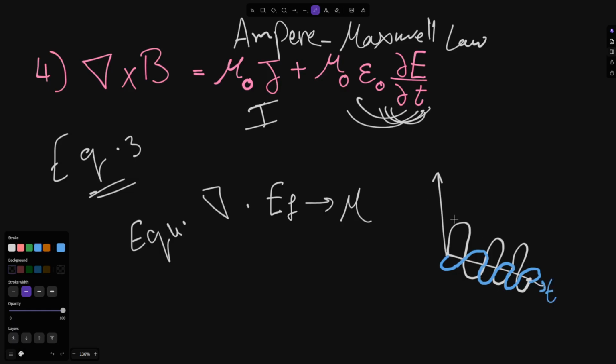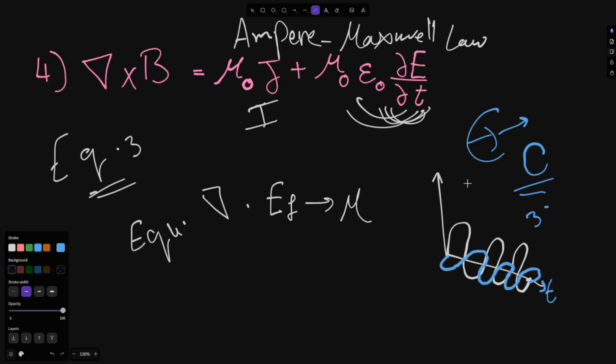So it detaches from the source, traveling in empty space, self-sustaining and forever. That's why antennas come into play. They produce electromagnetic waves for us. And these electromagnetic waves travel at the speed of causality, the speed of light in vacuum.